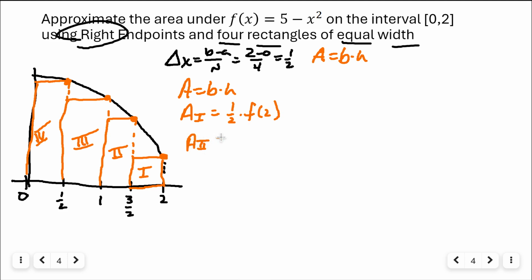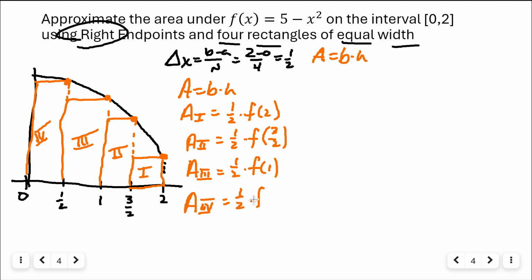The second rectangle, the good news is some of these are repeats. 1/2 times f of 3/2. The third area is 1/2 times f of 1. And then the fourth area is 1/2 times f of a half. And now the only point we don't use when we work from the right is the far left-hand point, which was 0. Okay, now we got to calculate all these.